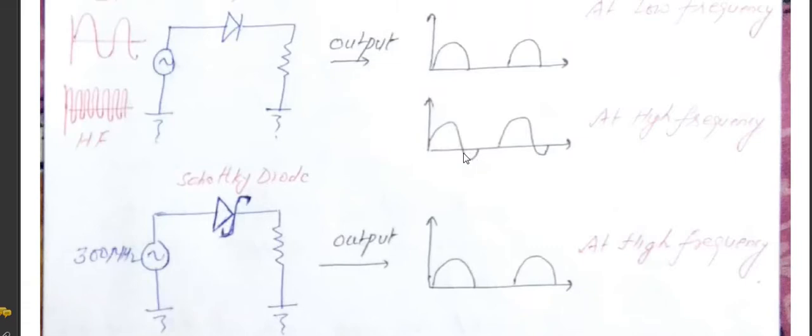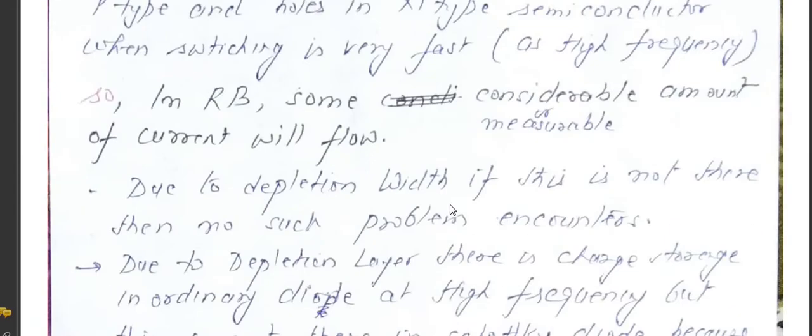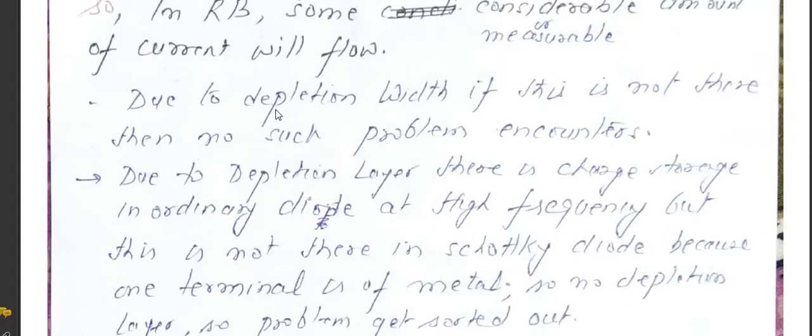Now this unwanted current flow in reverse bias mode of a simple diode is because of charge storage at the depletion layer. So if depletion layer is not present, then this problem will not be there.